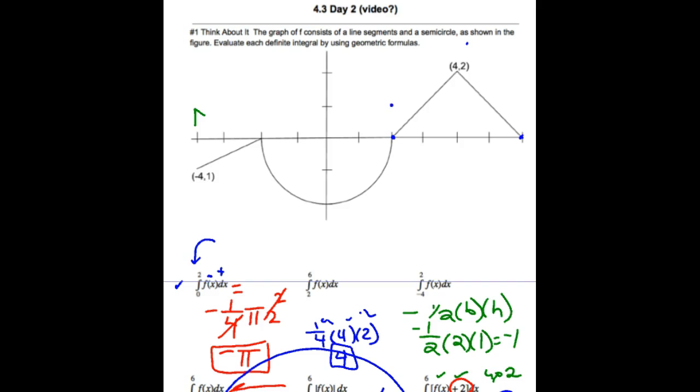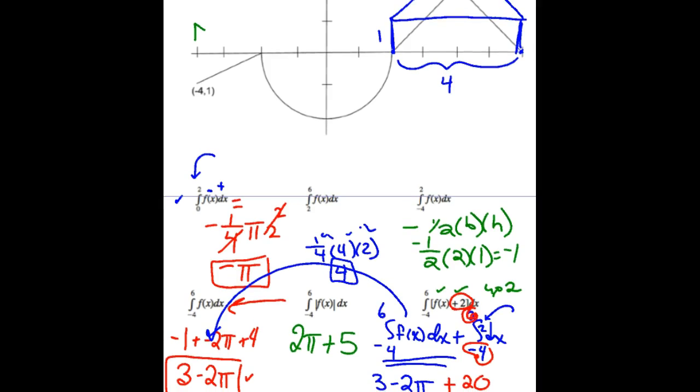So now my triangle would go from here to here. Notice that in doing that, I've added this rectangular region that spans the limits. So on this one, it would go from 2 to 6, or 4 by 1. So really, it's going to add a 4 by 1 rectangle.